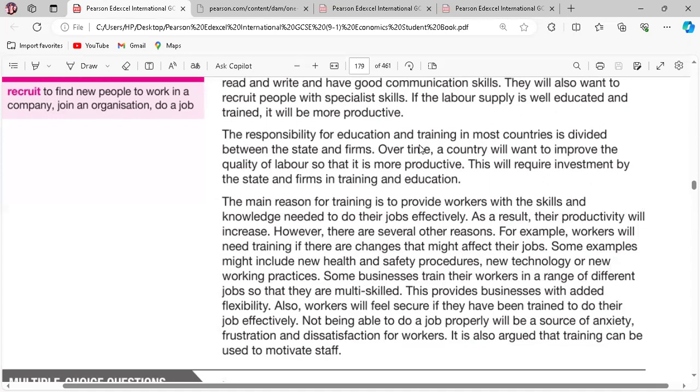And also, when workers are trained and educated, they feel motivated, they feel important, they feel valued within the organization. And as a result of that, their motivation would increase, and that would increase their productivity. But if they are not trained, then they will become frustrated, they will become dissatisfied. And as a result, productivity would fall. So these are the reasons why education and training is important to human capital.